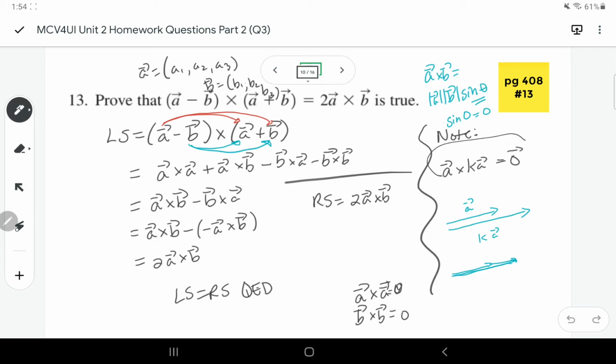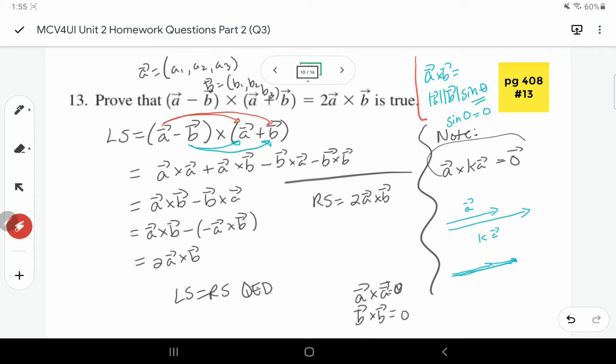If you have the cross product of two collinear vectors, so they could be actually equal, like A cross A or B cross B, or they could just be any scalar multiple of each other, that cross product will always be 0. And we talked about a few different reasonings for that.